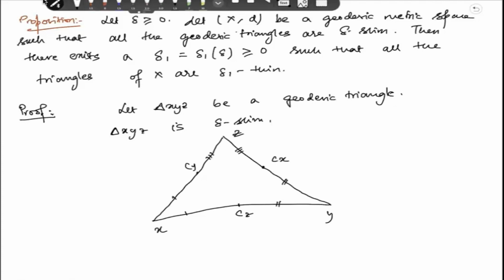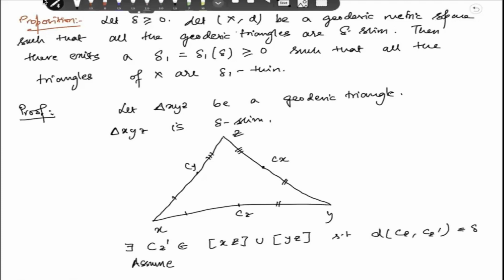There exists CZ prime in the union of the geodesic XZ and the geodesic YZ such that the distance between CZ and CZ prime is less than or equal to delta. So let us assume CZ prime belongs to XZ.